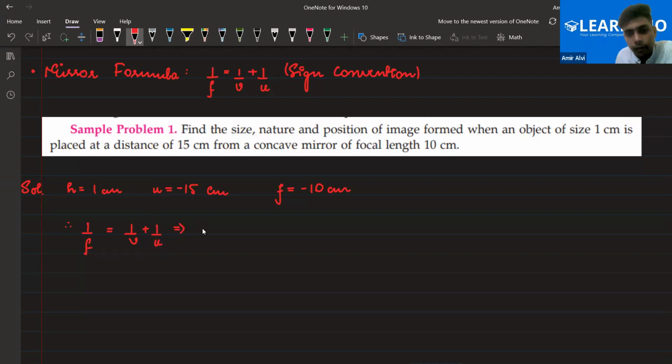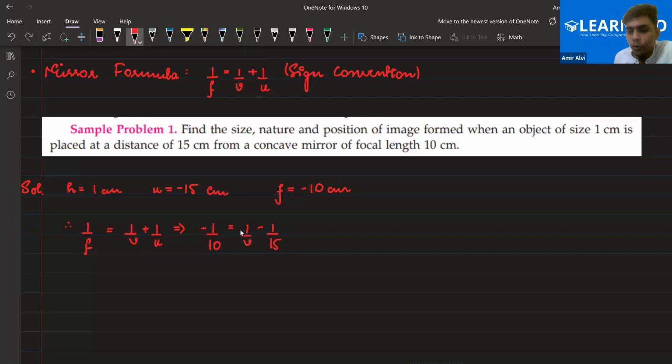Now substitute all the values. -1 by 10 equals 1 by v plus 1 by -15. Let's verify it, Zainab. Because positive is here and negative of 15, so positive and negative will become negative. Yes or no?